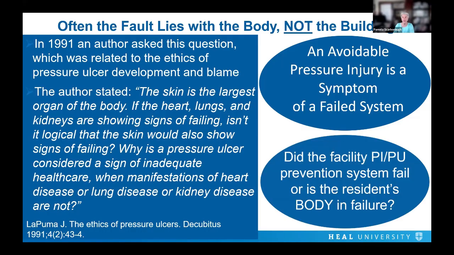So the question always is, when someone comes and says, Pamela, this is an unavoidable pressure injury, this is skin failure, the first thing I have to ask for the long-term care setting is, did you put in all your pressure ulcer injury prevention strategies in place? Are they all documented? And were they all monitored and documented for preventing the pressure injuries? And that person got one in spite of all of your interventions.